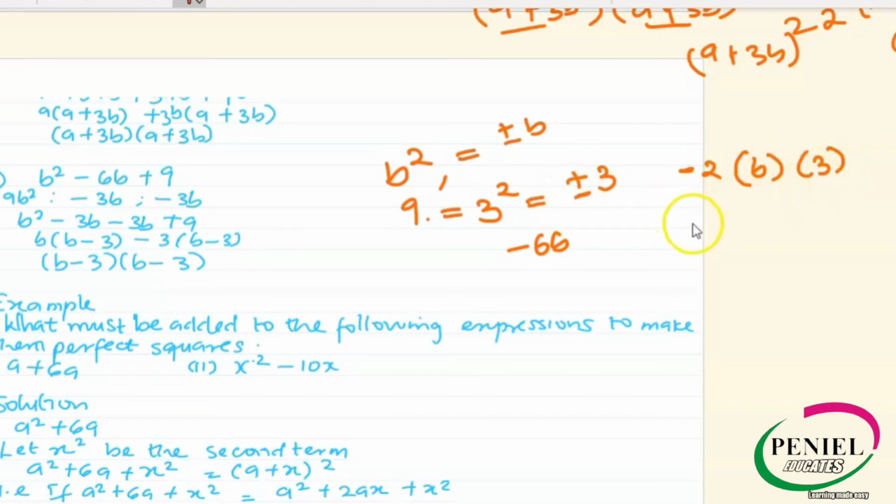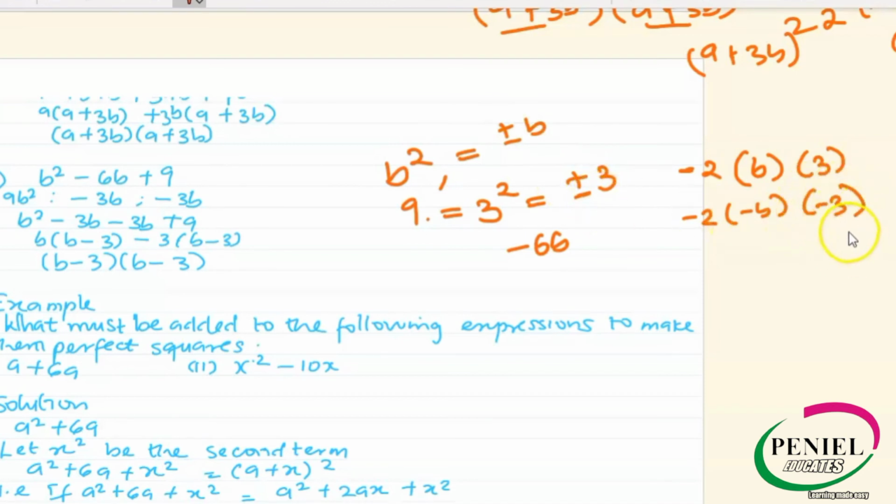So also we can have 2 into minus b, and minus 3 here.